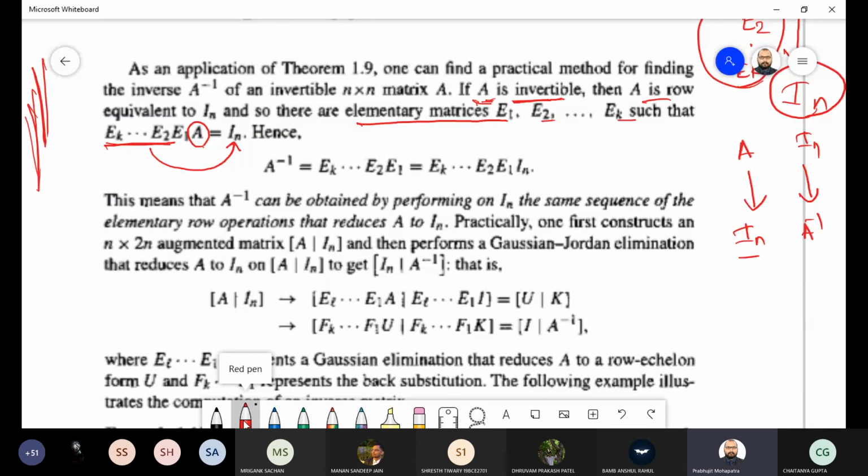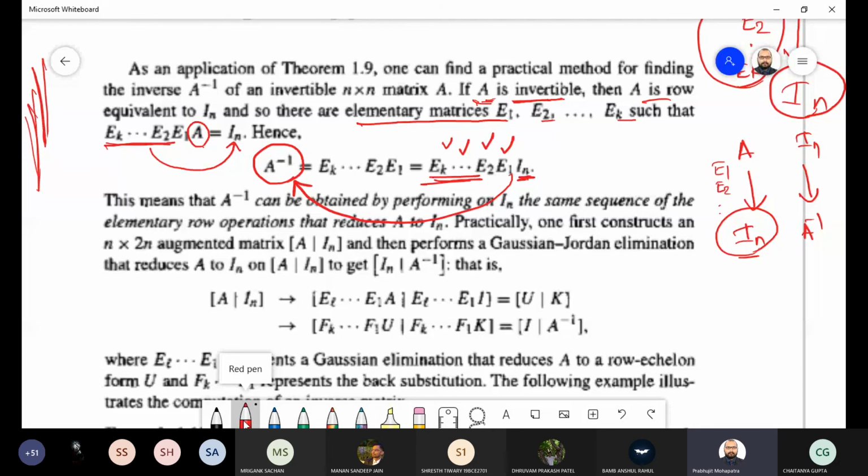From A we have done the operations E1, E2 up to Ek to get the identity. Now from the identity matrix, if we are doing the same operations, what are we going to get? We are going to get A inverse. Understood or not? Yes, sir.